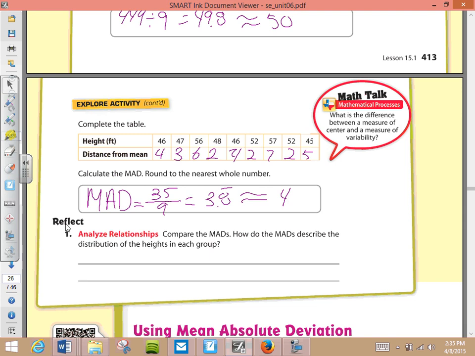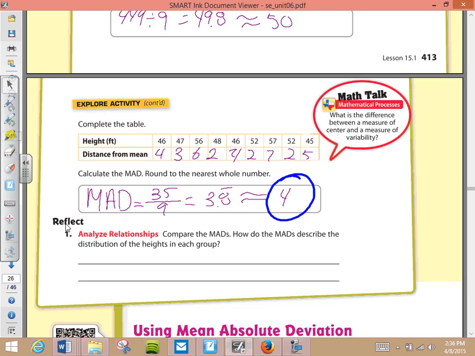Which means the average will be a lot larger. So what I'm trying to say is that the bigger the MAD, the more spread out the values are. So when you have a very small MAD, that means most of the values were around the same area. So in this class, technically, you're supposed to have around the same grades. Technically.